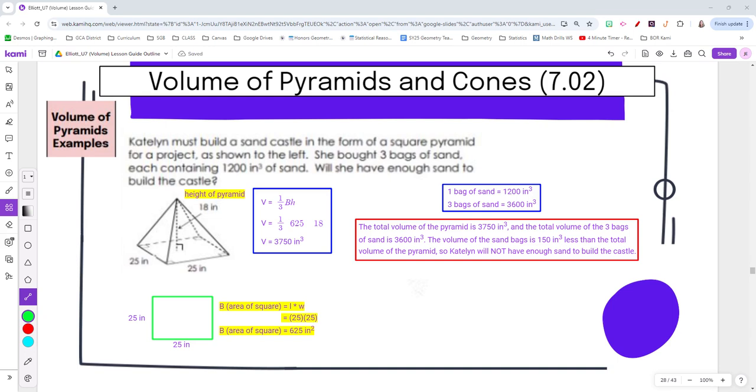If we compare the 3,750 and the 3,600, we realize that she will not have enough sand to build the castle, since the volume of the castle would be 3,750 and the volume of the sand total would be 3,600. She is 150 inches cubed short, so she will not have enough to build the sand castle.